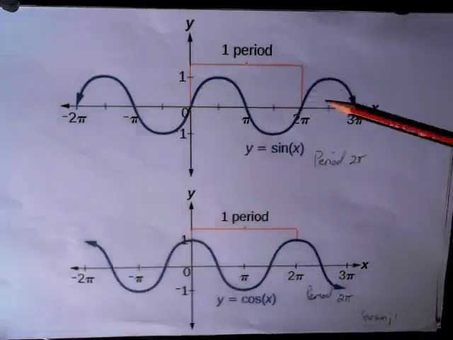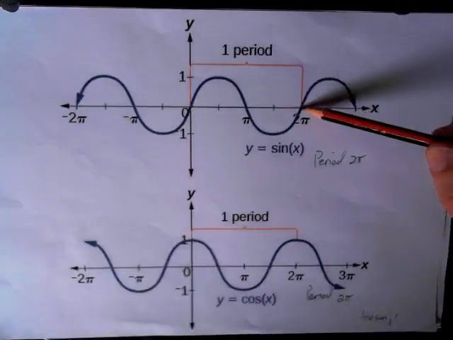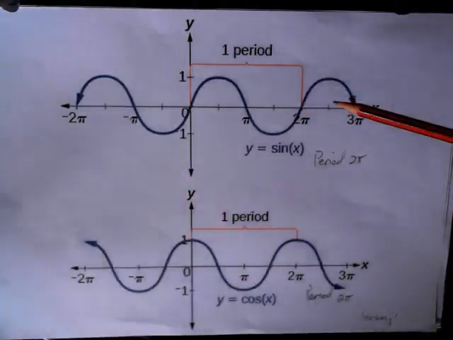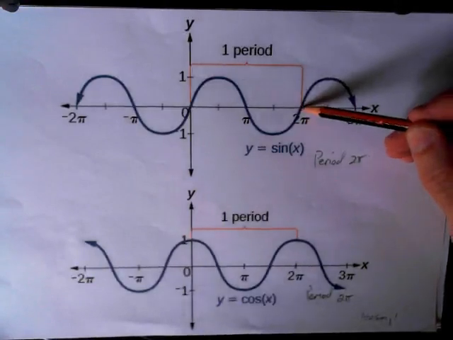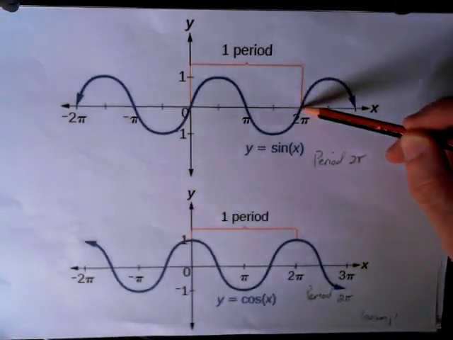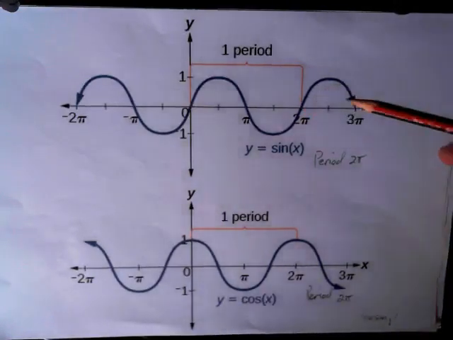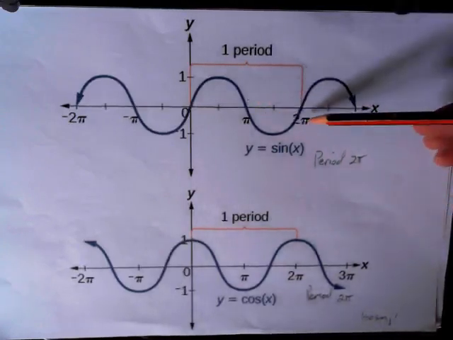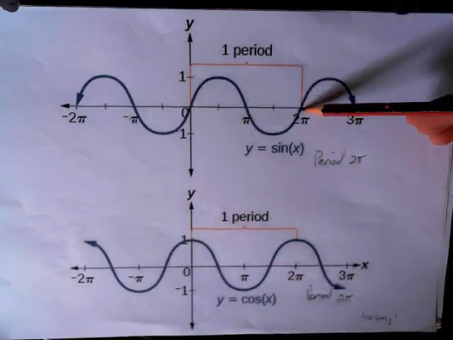This period is also known as the wavelength. So wavelength is equivalent to period, and if you're using a unit circle with no transformations or changes to the graph, the wavelength or the period of the graph is 2 pi, one revolution of the circle.